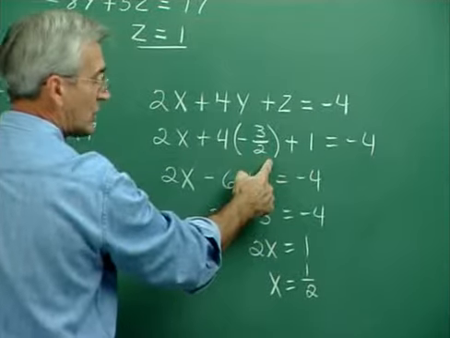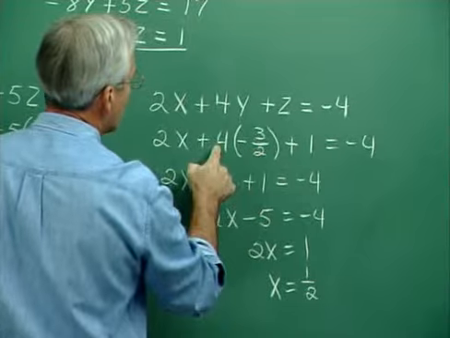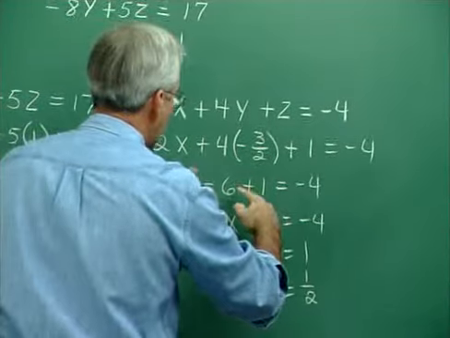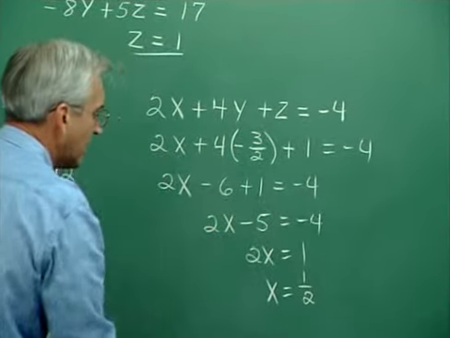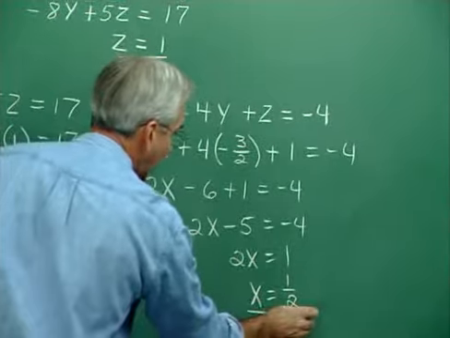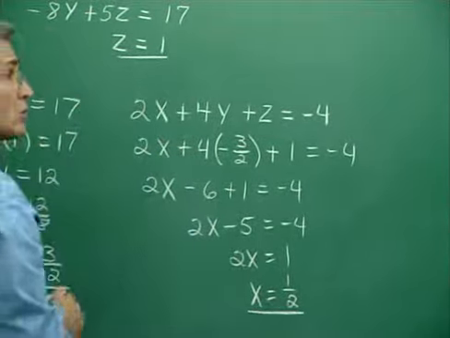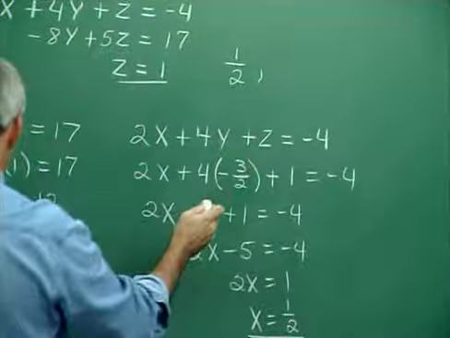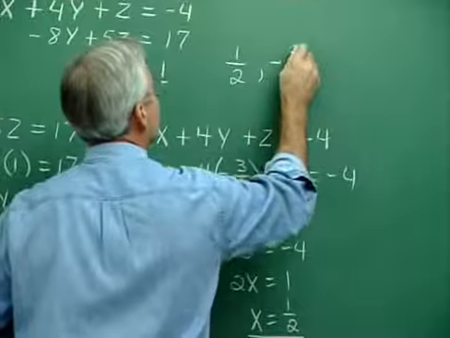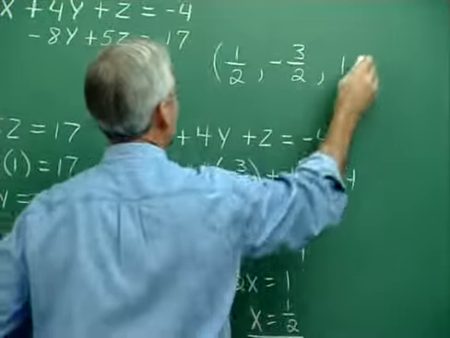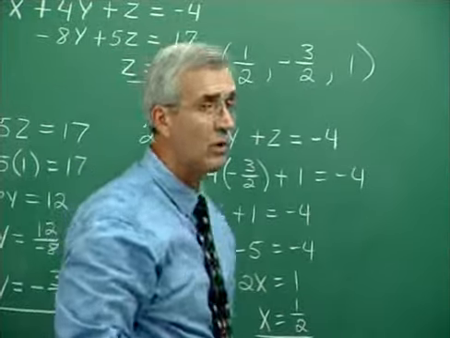We have a nice cancellation here, fortunately. The 2 divides 4, giving 2. 2 times negative 3, negative 6. And then collecting and adding 5 on both sides, we find 2x to be 1, so x is 1/2. And therefore, the ordered triplet: x is 1/2, y is negative 3/2, z is 1. So this ordered triplet solves the system of equations.